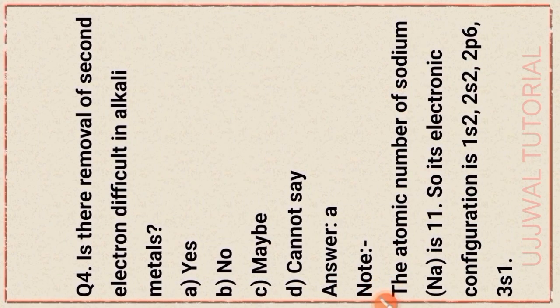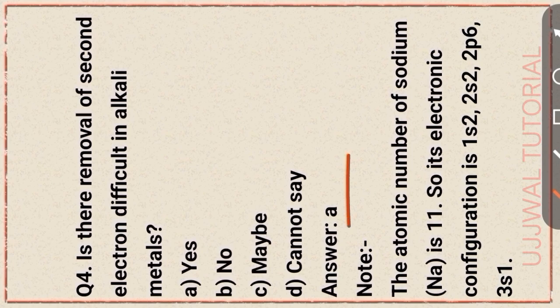Is the removal of the second electron difficult in alkali metals? The answer is yes. Due to the electronic configuration of alkali metals, ns1, the outer shell has 1 valence electron, and the shell before it has the electron configuration of a noble gas. So the second electron removal is very difficult.